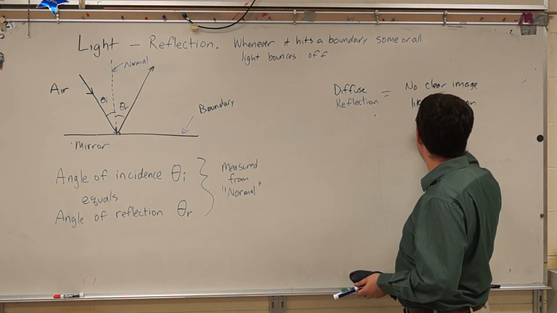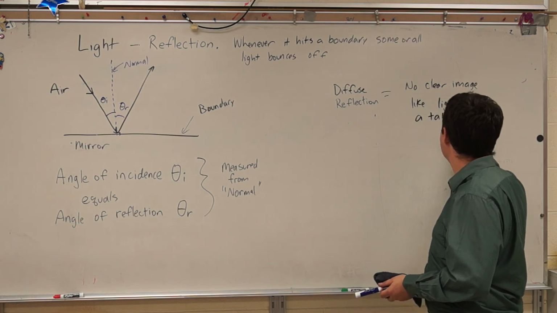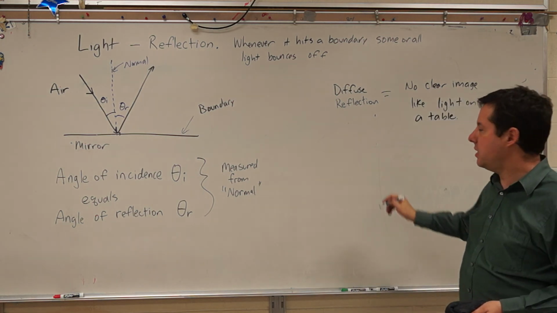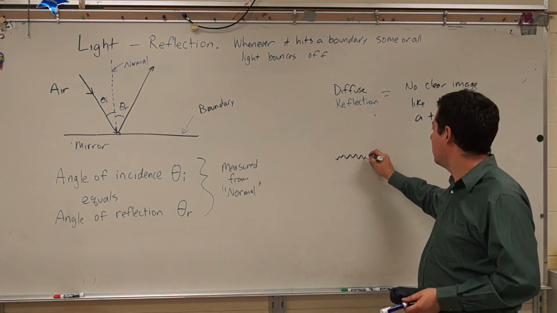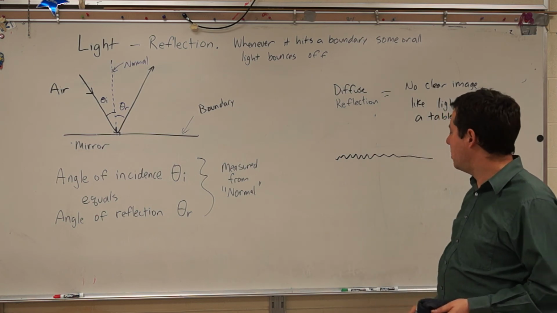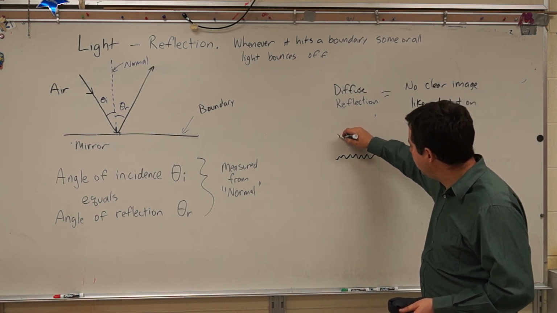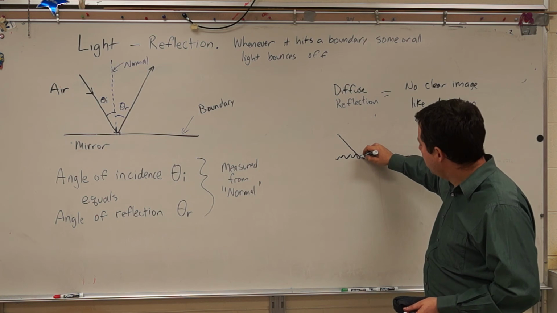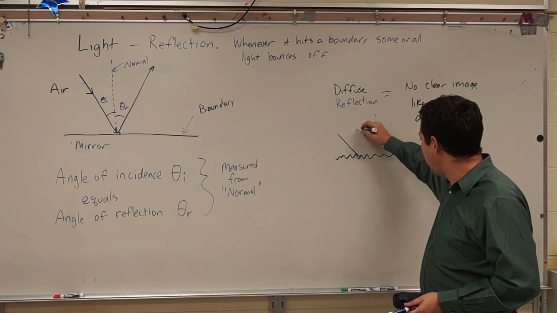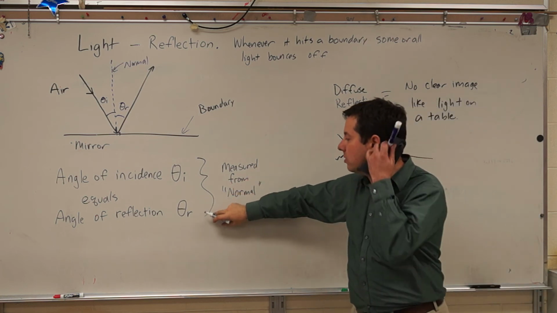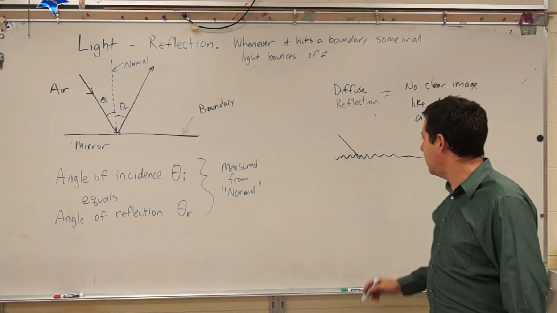But that light is not going to show a clear reflection. What you find is that the light still will have an angle of incidence that's equal to the angle of reflection. That's always going to be the case.